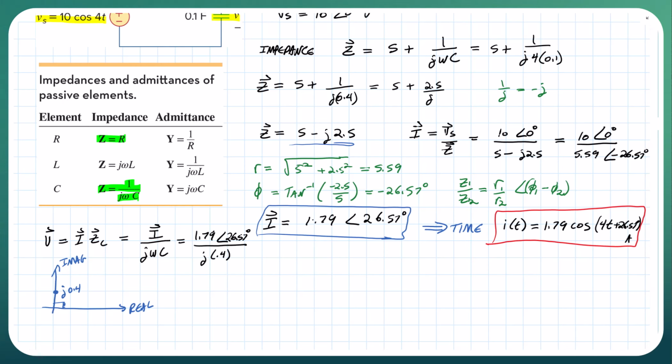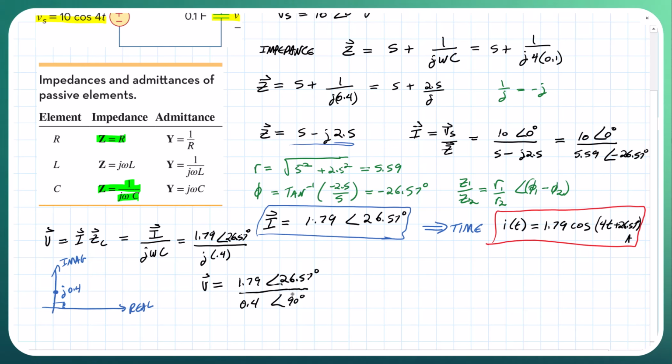So I can rewrite this V as 1.79 at an angle of 26.57 degrees over 0.4 at an angle of 90 degrees.